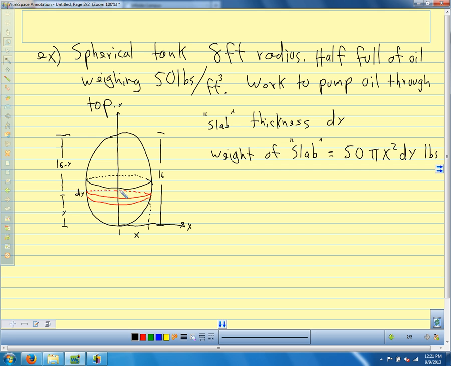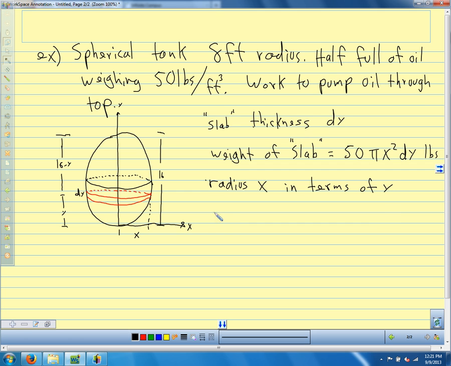I can do it a couple of different ways. At the surface of the oil, let me write here, we want to find the radius x in terms of y, so we can integrate with respect to one variable.